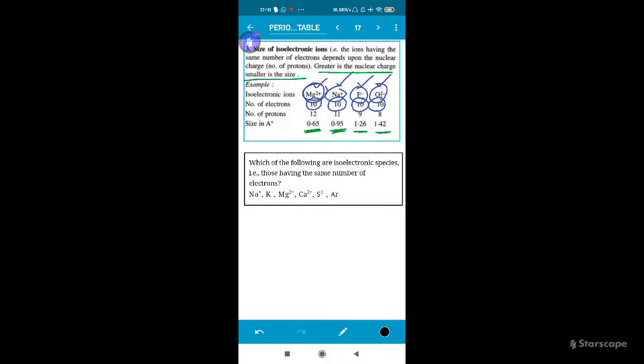So sodium ion Na+, K+, Mg2+, Ca2+, S2-, this is sulfur ion or sulfide ion, and argon. So we are going to write the electronic configurations and we will check.